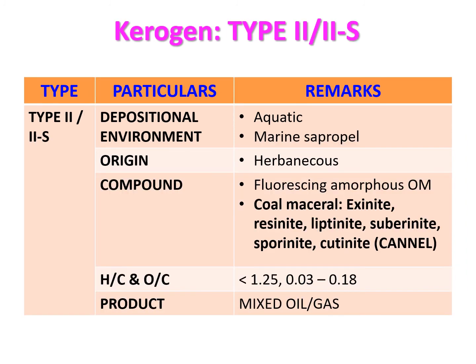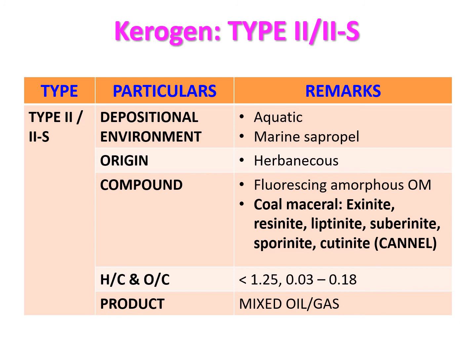Okay, next type 2, it originated from the marine environment. It has herbaceous organic matter with compounds mostly fluorescent. If it's a coal, we can find materials of alginite, resinite, liptinite, suberinite, sporinite, and cutinite.